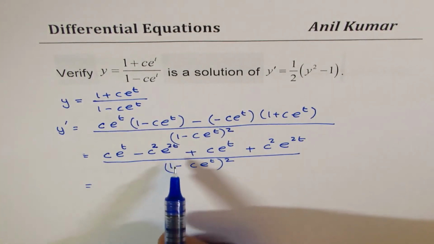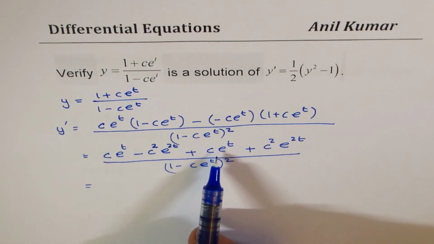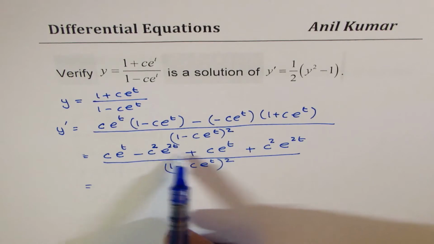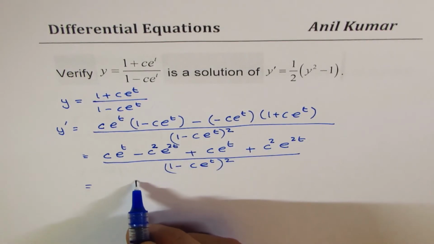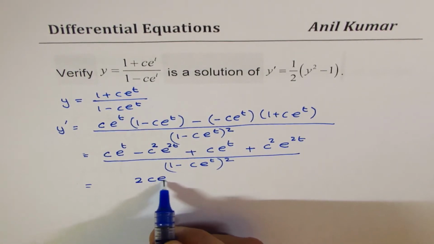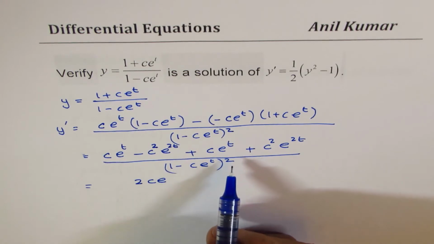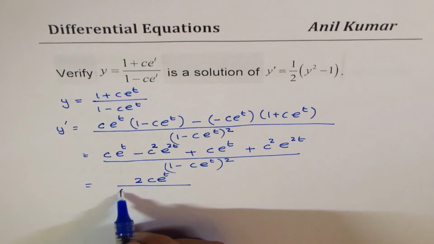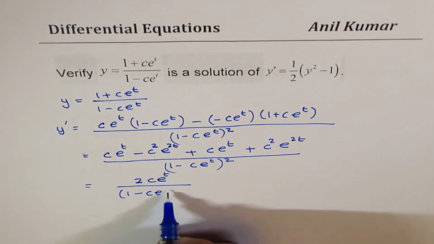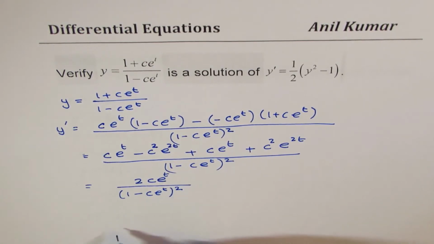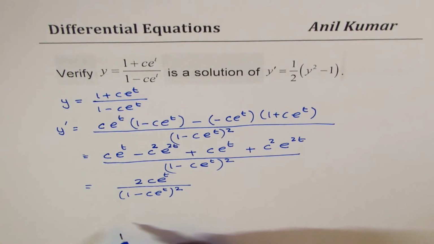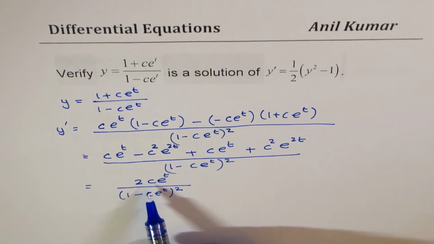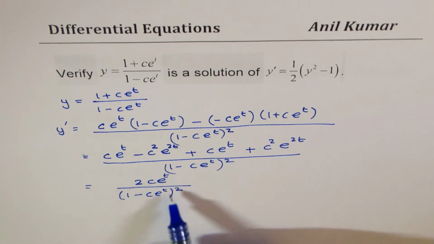Now let's combine the like terms. The c square e to the power of 2t cancels out, so we have 2 times c e to the power of t over 1 minus c e to the power of t whole square, right? So that becomes the derivative for the given term. So it is 2c e to the power of t over all this.